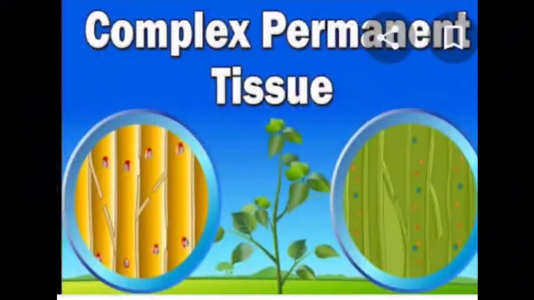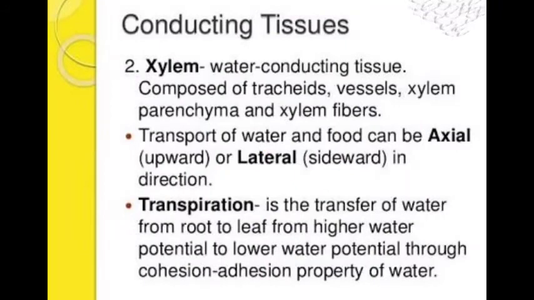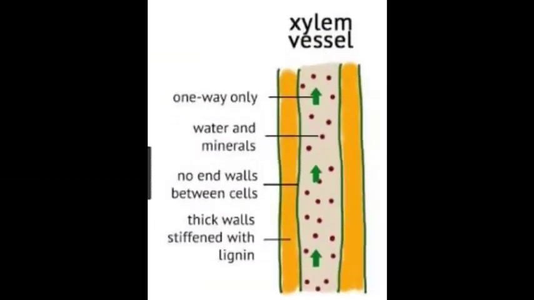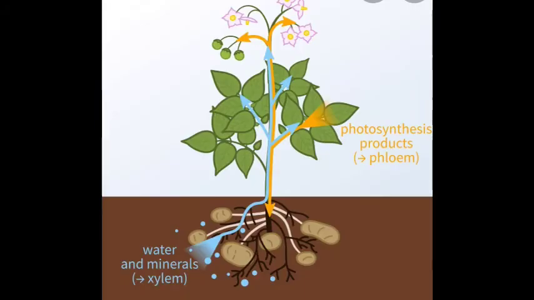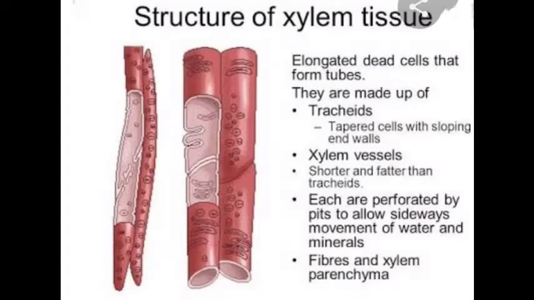Now let's go on to complex permanent tissue, made of more than one type of cells. Such tissues are also called conducting tissues. The types of complex permanent tissues are xylem. Xylem conducts water and minerals from the roots to the different parts of the plant, composed of 4 different types of cells: tracheids, vessels, xylem parenchyma, and xylem fibers.